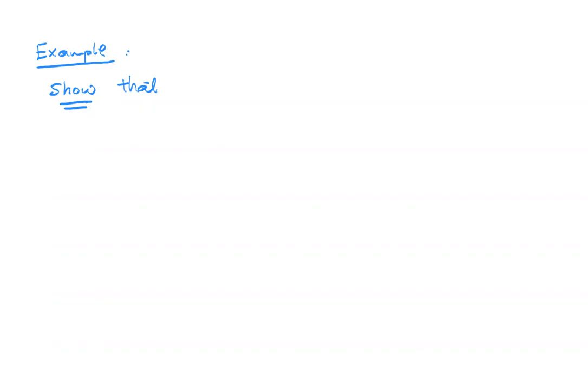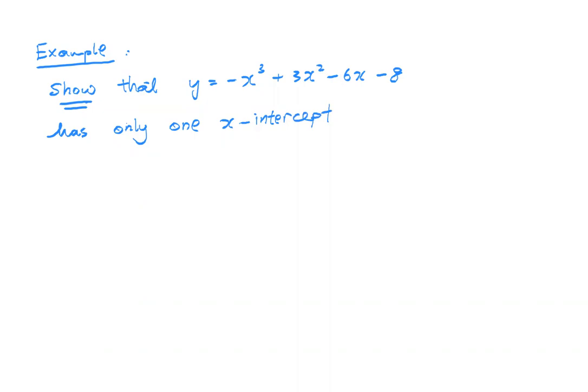Show that y equal to negative x cubed plus 3x squared minus 6x minus 8 has only 1 x-intercept. So when I show, I cannot say the calculator says so. Do you get me?